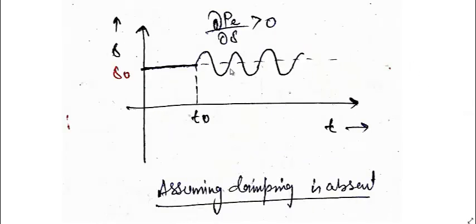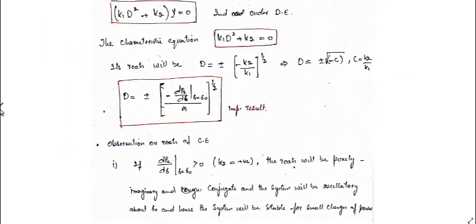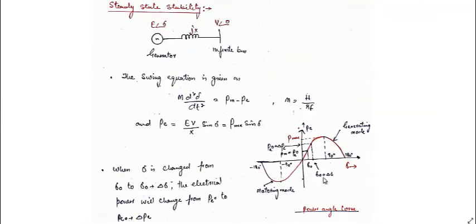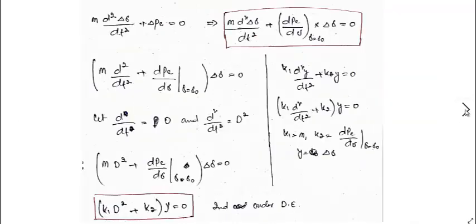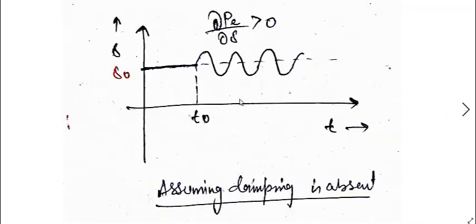This can be shown also like this. This is delta naught, and this will be delta naught plus delta delta that I have shown. That is the actual value of the delta. Since I have told you that we are not interested in that, this delta naught plus delta delta, there will be the oscillations of this delta around this delta naught.